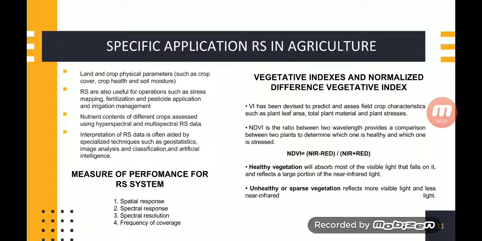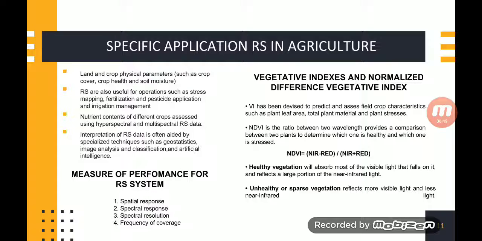So by formula, NDVI equals NIR minus red, divided by NIR plus red. So the ratio between two wavelengths, one wavelength is NIR, near infrared, and the other wavelength is the red band.